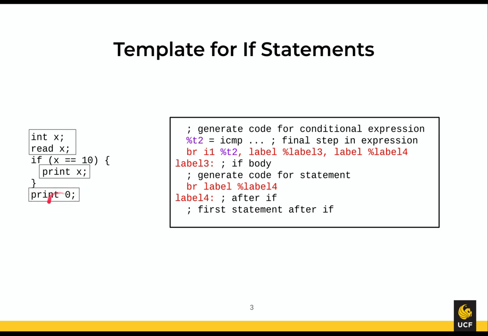So this print 0 is the code after the if statement. This print x is the code inside the if body, and the conditional expression is all the code before we emit this branch. So questions on this? Anything look unnecessary or redundant here?